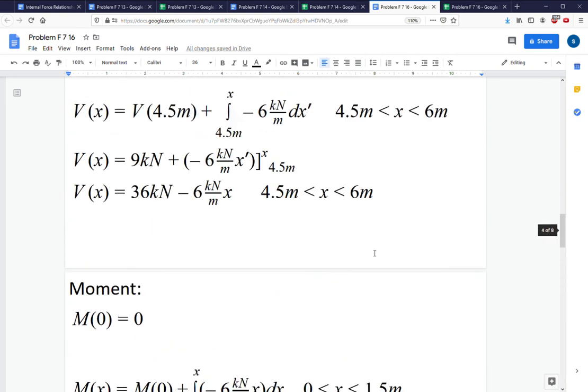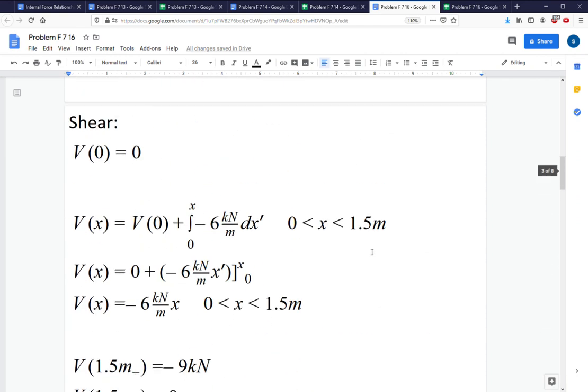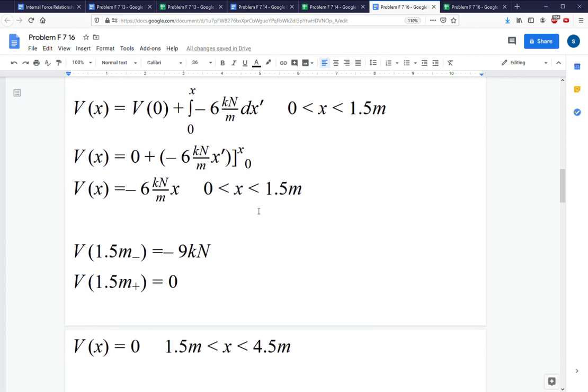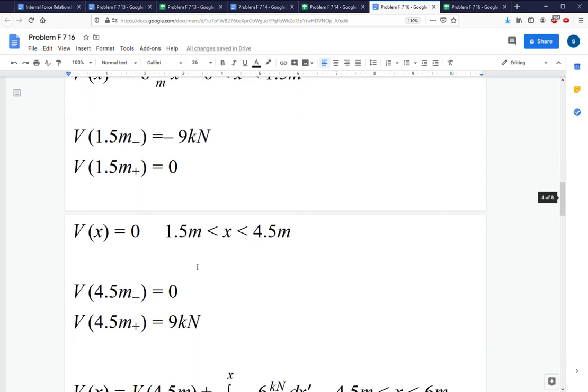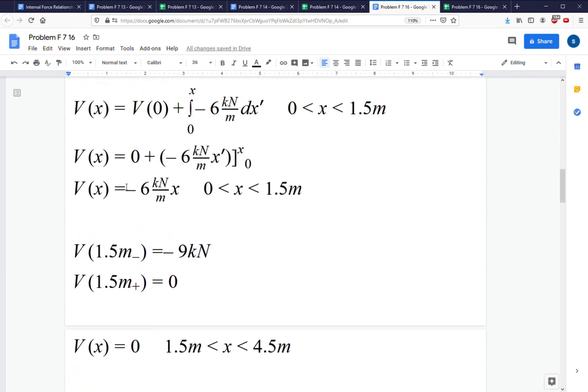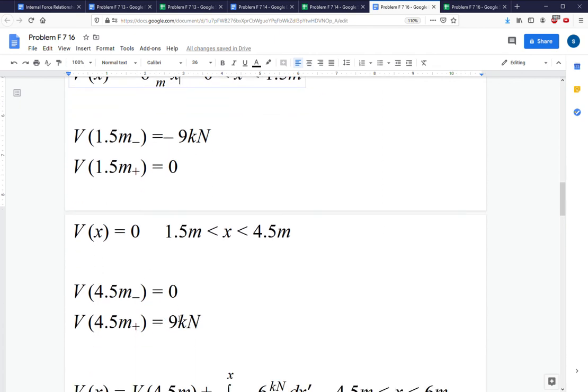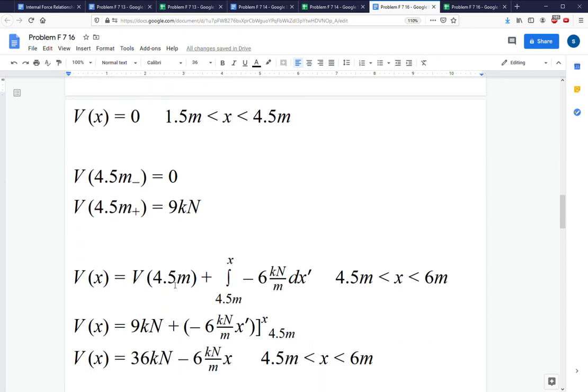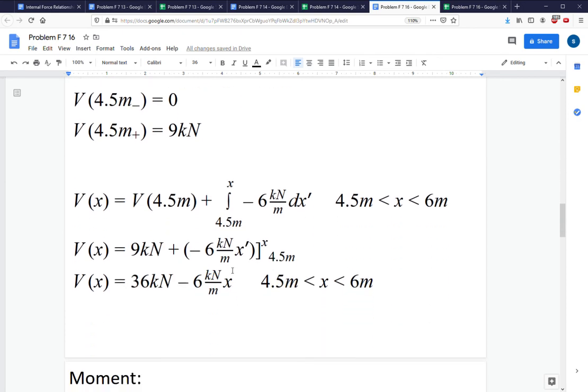Now graph it. How will we graph this? Well, for the shear function, we see that shear goes down in a linear manner. Then it jumps up to 0 at 1.5 meters, and then jumps up again to 9, where it will then go down at a continuous rate.